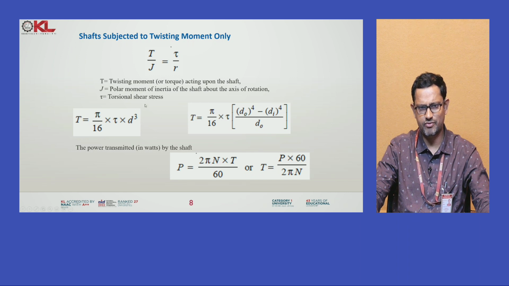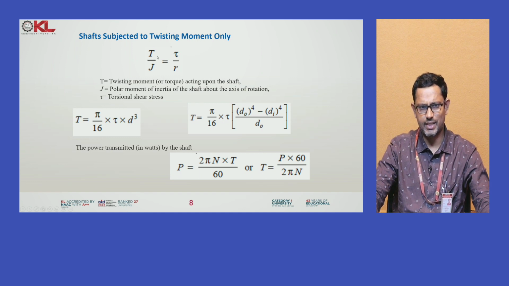If the hollow shaft is subjected, then the equation can be written as twisting moment is equal to pi by 16 into tau into (d naught power 4 minus di power 4) by d naught. This is the equation for a hollow shaft, and the previous one is for the solid shaft.